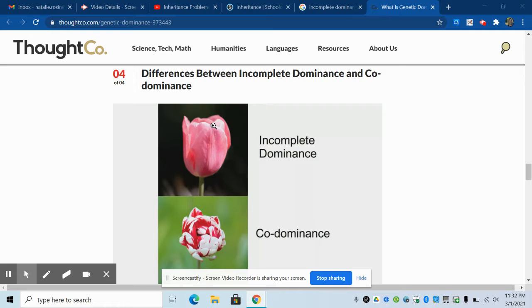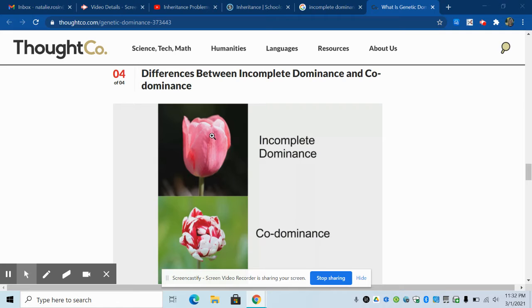The way that would show up in a flower is as a pink petal. So if you were looking at the pink petal, you would not be able to tell which parts of it were pink, which parts were red, and which parts were white. So it would be a complete mix.